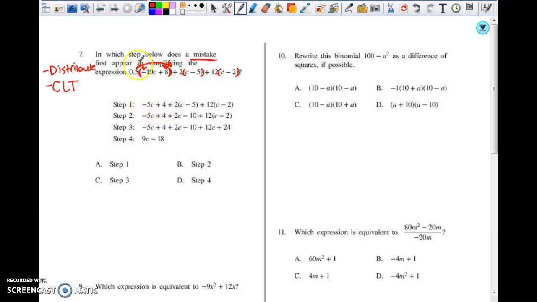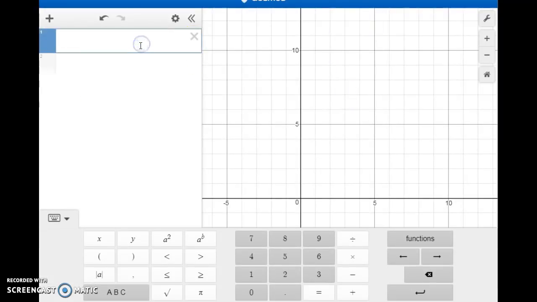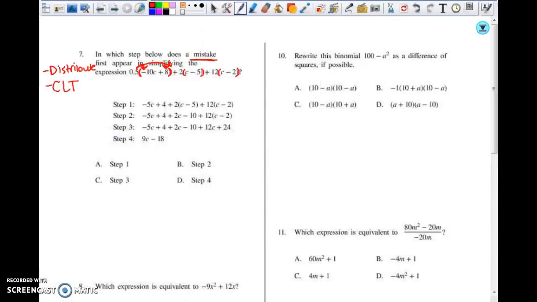So let's just see, did they distribute correctly? Remember, when you distribute, you multiply. Well, what is 0.5 times negative 10c? So first of all, 0.5 times negative 10 is what? 0.5 times negative 10 is negative 5. So this would give us negative 5, and don't forget there's a c, so they did that part right. Check.